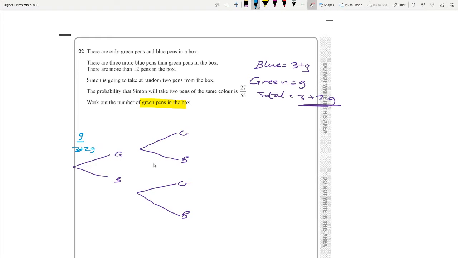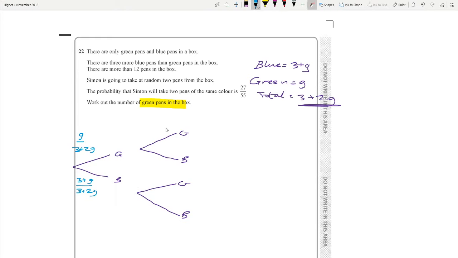The probability of getting a blue in the first pick, well, there's 3 plus G blue pens out of a total 3 plus 2G. Okay, I hope you can read this. That's the first pick done.